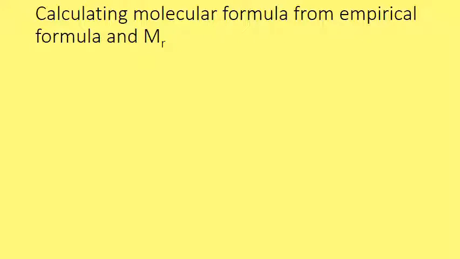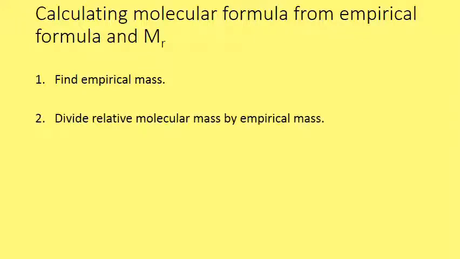The first step would be to find the empirical mass. Relative molecular mass is the sum of all the atoms in a molecule or formula unit. Empirical mass is very similar, except you use the empirical formula instead of the molecular formula.